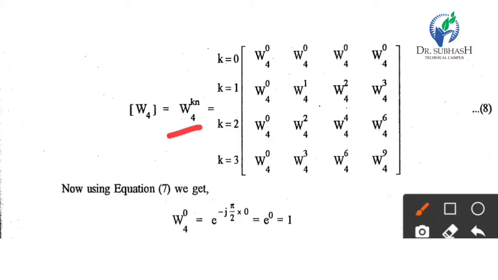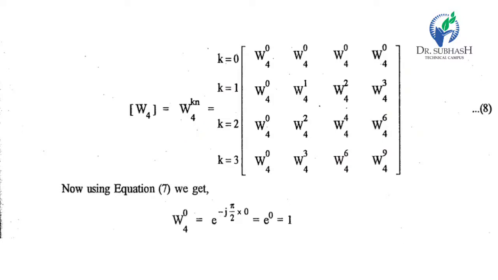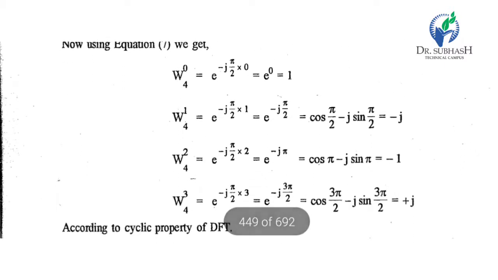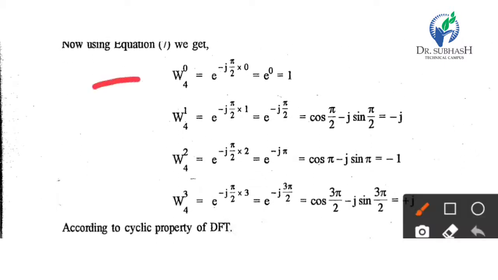So we have to find W4 raised to 0, W4 raised to 1, W4 raised to 2, W4 raised to 3, W4 raised to 4, W4 raised to 6 and W4 raised to 9. Now using the equation, W4 raised to 0 means e raised to minus j pi by 2 multiplied by 0, so it is e raised to 0, so its value is 1.